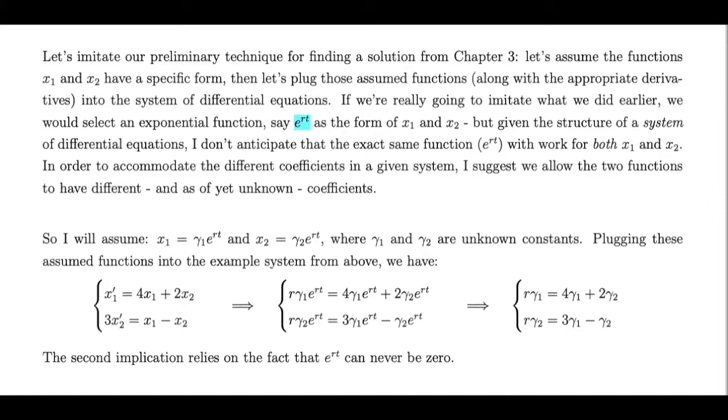But I don't actually think that both functions will be the exact same e to the rt. So what I'll actually do is give them their own coefficients. So I'll assume that x1 is gamma sub 1 e to the rt, and x2 is gamma sub 2 e to the rt, where gamma 1 and gamma 2 are some unknown constants at this point.